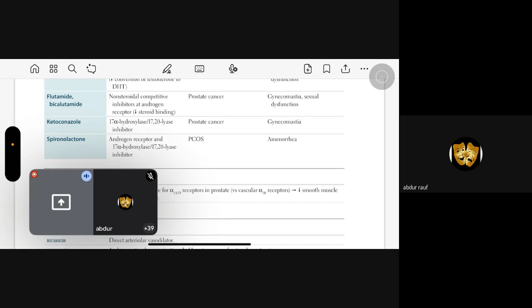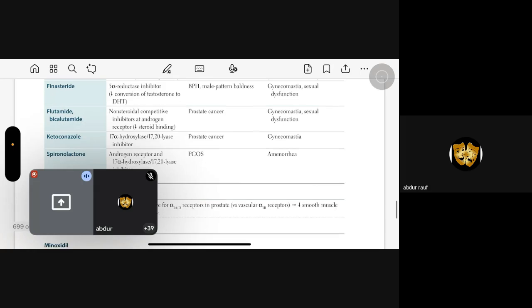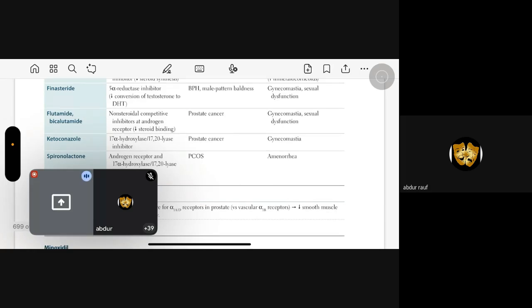You can just remember it is an androgen synthesis inhibitor. Spironolactone is an androgen receptor blocker and synthesis inhibitor. This is the very important thing about spironolactone: it causes reduced synthesis as well as reduced function of testosterone. So it acts in a dual way. Okay. And we give it for the treatment of hirsutism in PCOS.